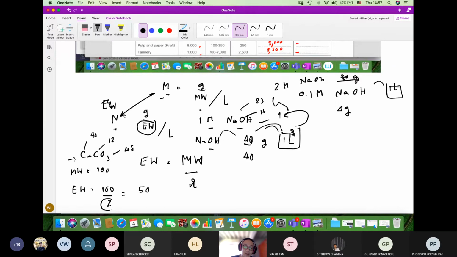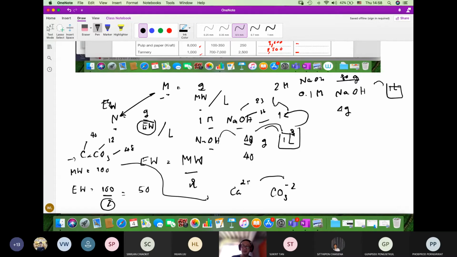Why do we have to divide by 2? If you consider this, once calcium carbonate dissociates, it becomes calcium plus 2 and carbonate minus 2, right?